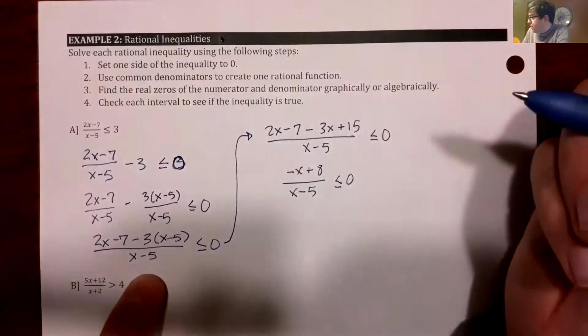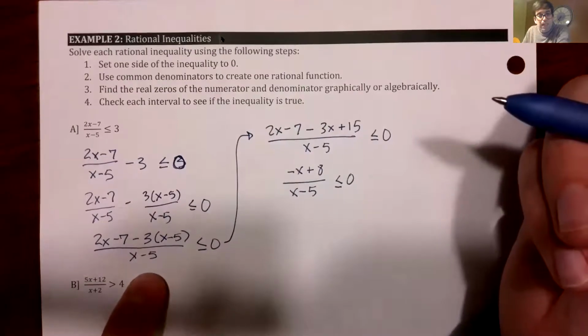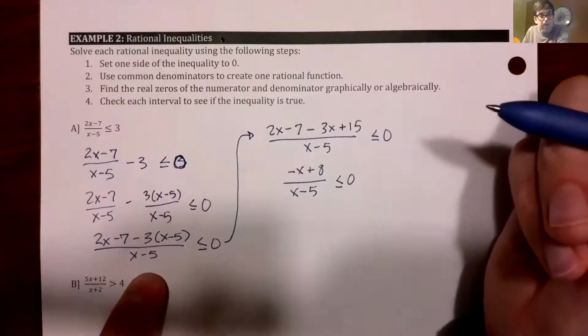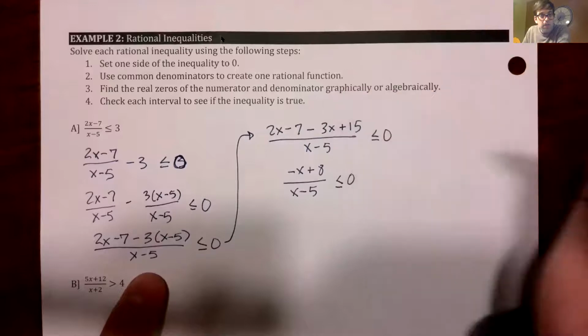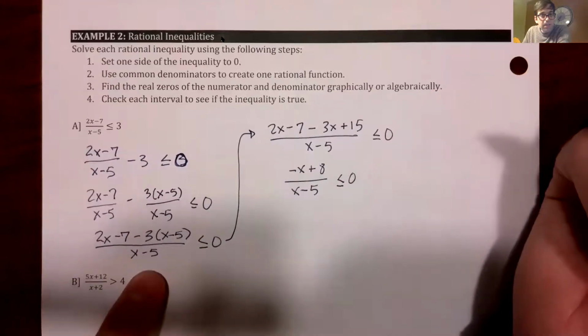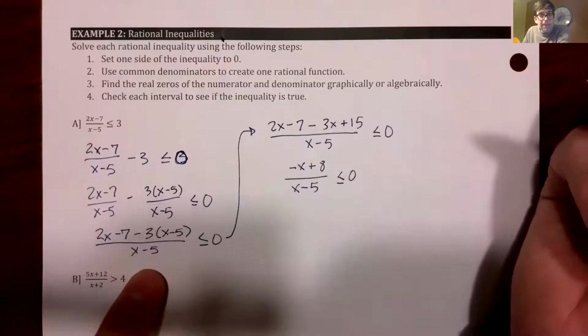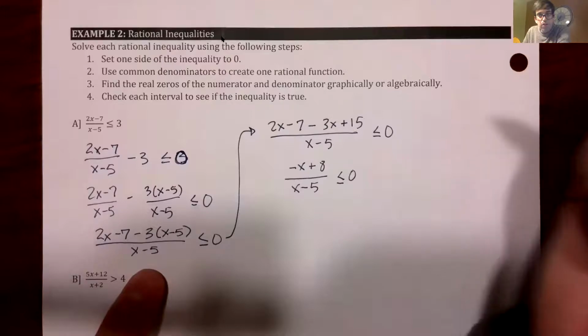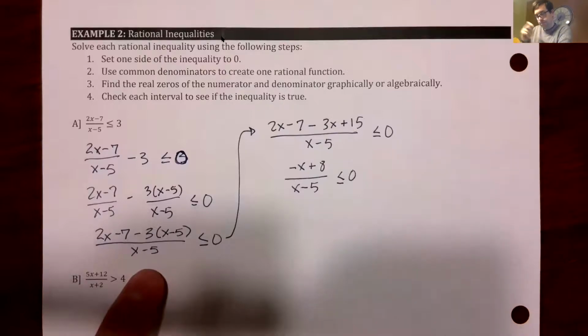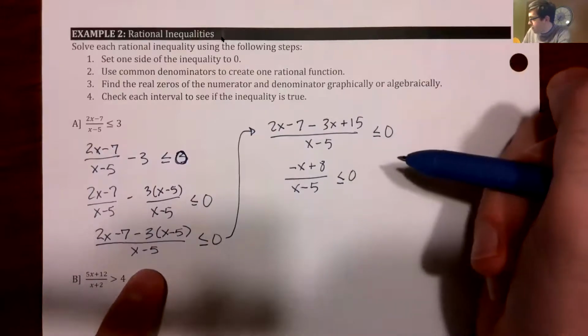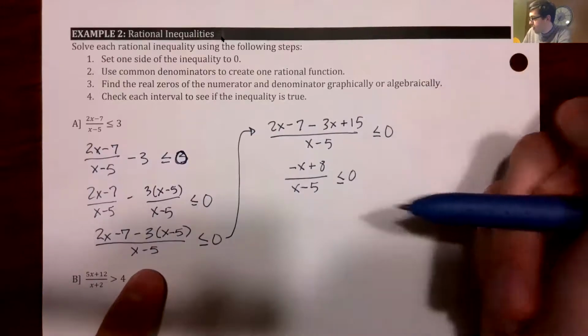All right, so we did it. We did step 2. So now we have one rational function. Step 3, find the real zeros of the numerator and the denominator, graphically or algebraically. All right, so for this step, we have to individually find the zeros of the numerator and the denominator.